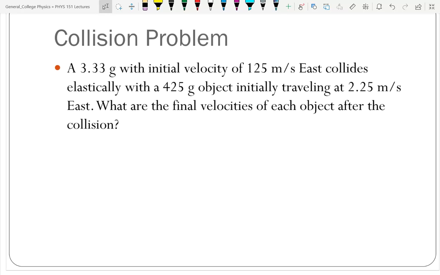Or if the net force acting on the system is 0, momentum is conserved. Then you apply your conservation of momentum equation along with, if it is conserving energy, your conservation of energy equation. If it's sticking together, then you have the V final. So you have to pay attention to which condition it is, elastic or inelastic, and then solve.